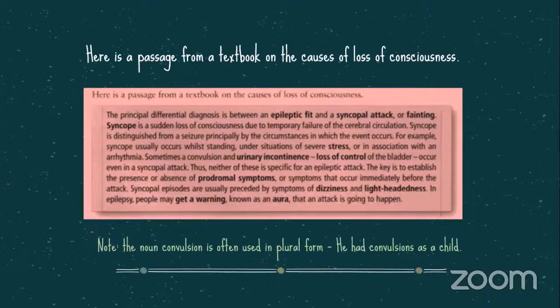Sometimes a convulsion and urinary incontinence or loss of control of the bladder occur even in a syncopal attack. Thus, neither of these is specific for an epileptic attack. The key is to establish the presence or absence of prodromal symptoms, or symptoms that occur immediately before the attack. Syncopal episodes are usually preceded by symptoms of dizziness and lightheadedness. In epilepsy, people may get a warning, known as an aura, that an attack is going to happen. Note, the noun convulsion is often used in plural form. He had convulsions as a child.